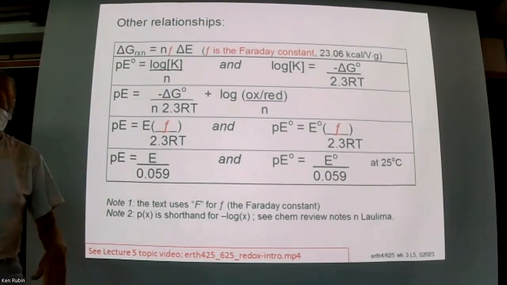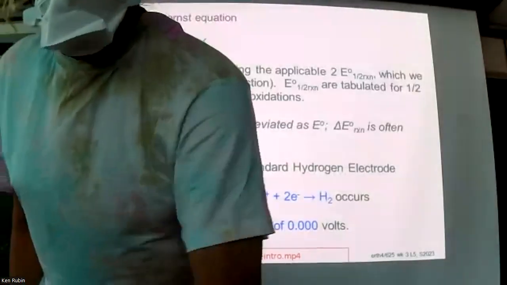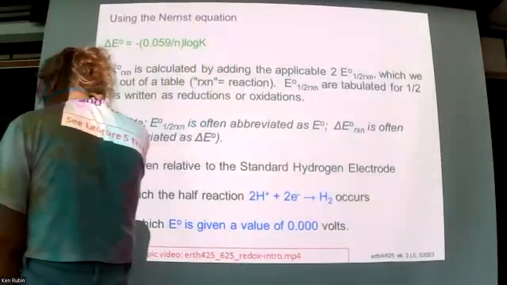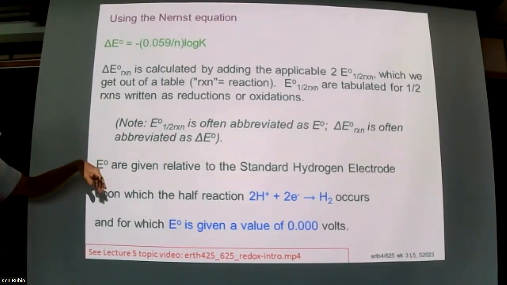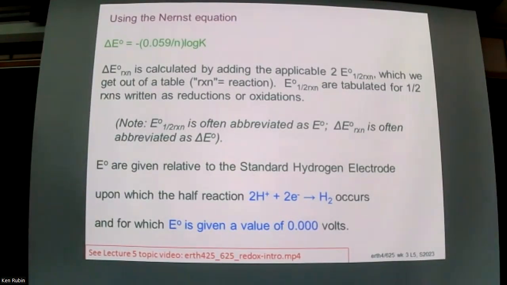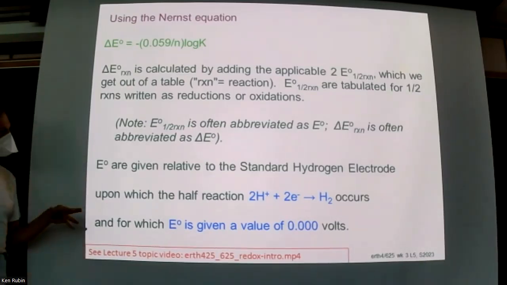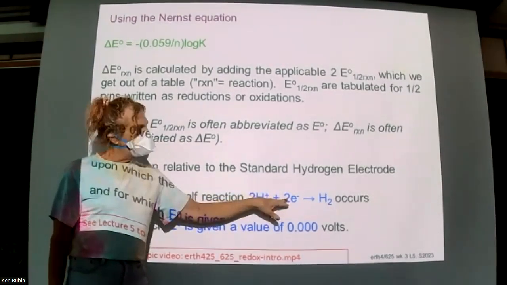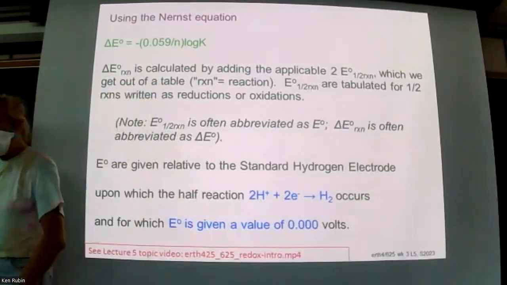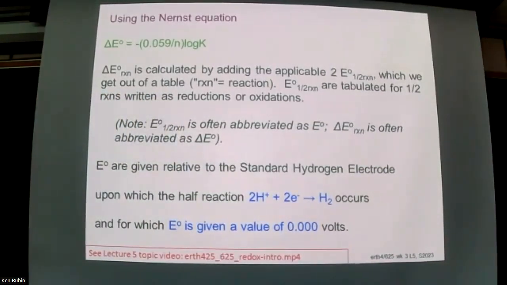Okay, so the last thing I have in here in the review stuff is a little bit about how you use the Nernst equation to calculate things like electromotive forces. And it's important to recognize that by convention, all around the world in chemistry, we compare other half reactions to this reaction where hydrogen is gaining electrons, it's being reduced to make hydrogen gas, given a value of E of 0.